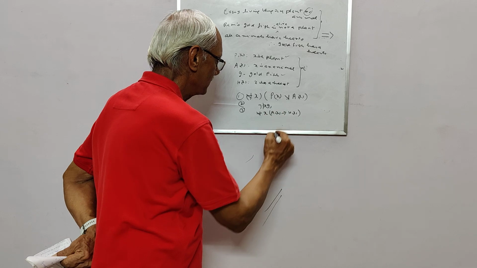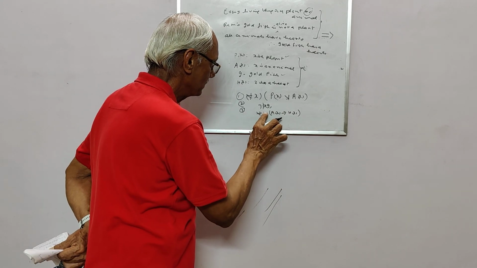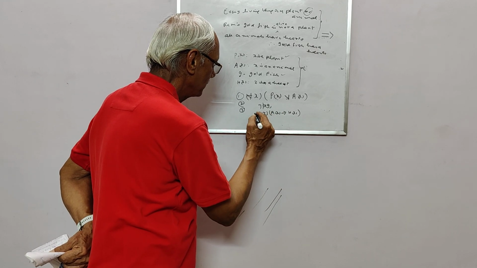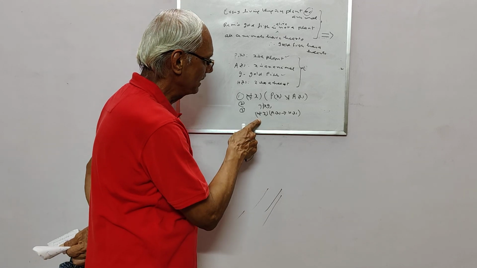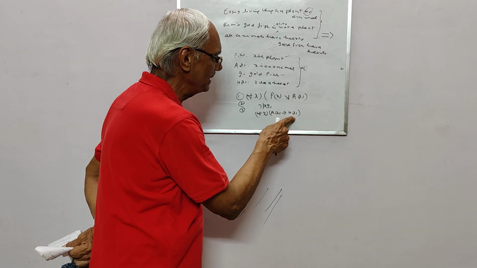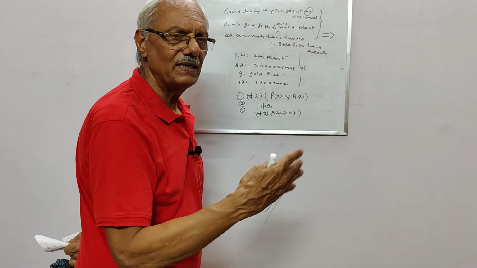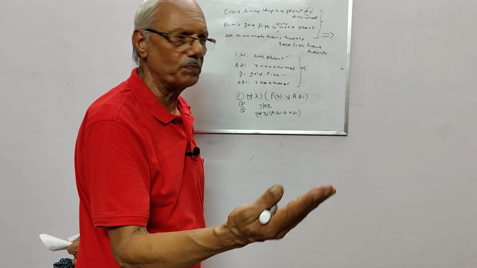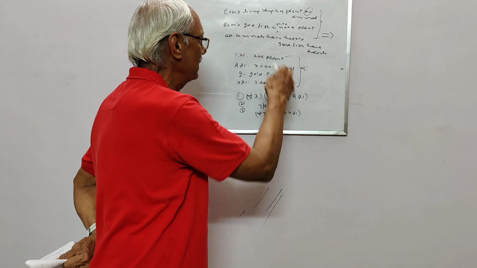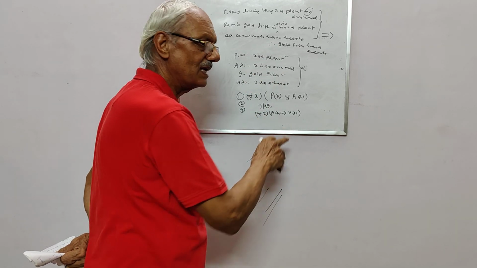Now you read this. For all X, if it is A of X, it implies that it has a heart. So that heart must be in a living being, and that can also be animal or plant. But as per this statement, this is an animal and it is having a heart.